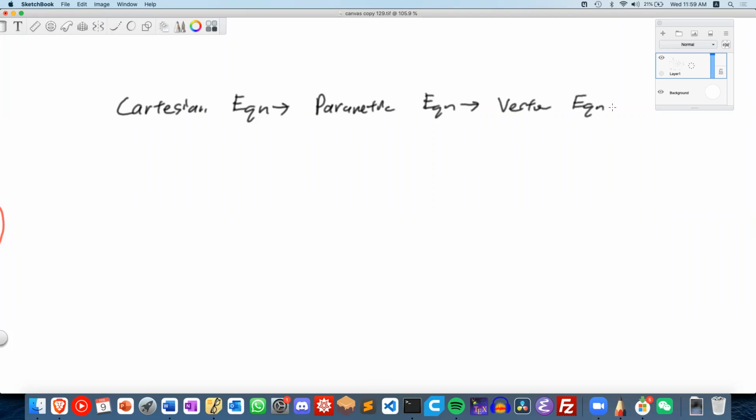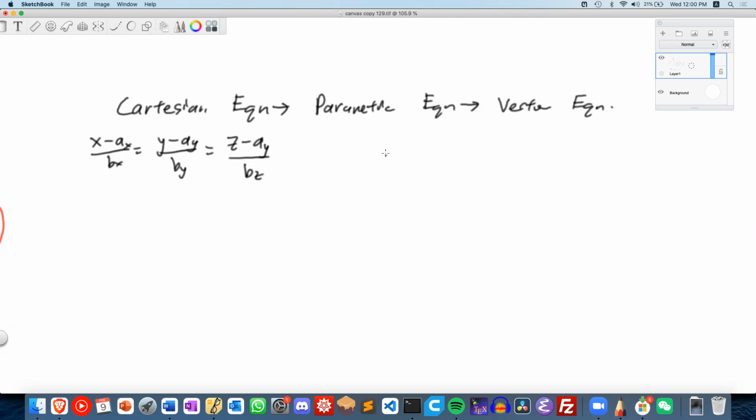So if you can recall, the Cartesian equation looks like this. The Cartesian equation is an equation relating the x, y, and z coordinates.